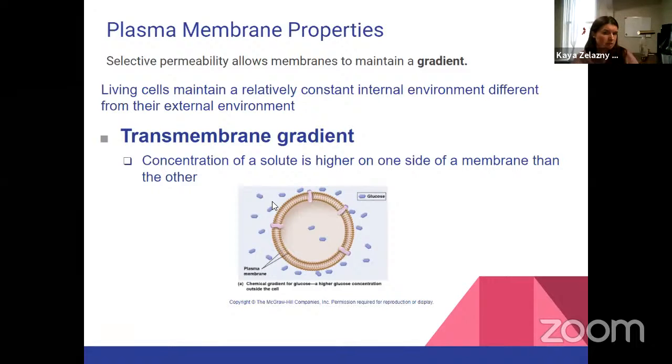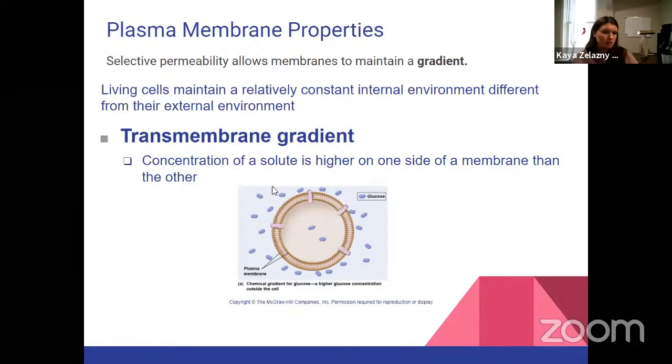That's useful sometimes because living cells have to maintain a pretty constant internal environment. We need to tightly control what's inside the cell because we want that environment to stay relatively stable so that we know how our chemical processes are going to work. We know what's inside. Lots of chemical reactions will be dependent upon concentrations. So it's important that we don't just let whatever is in the environment in.